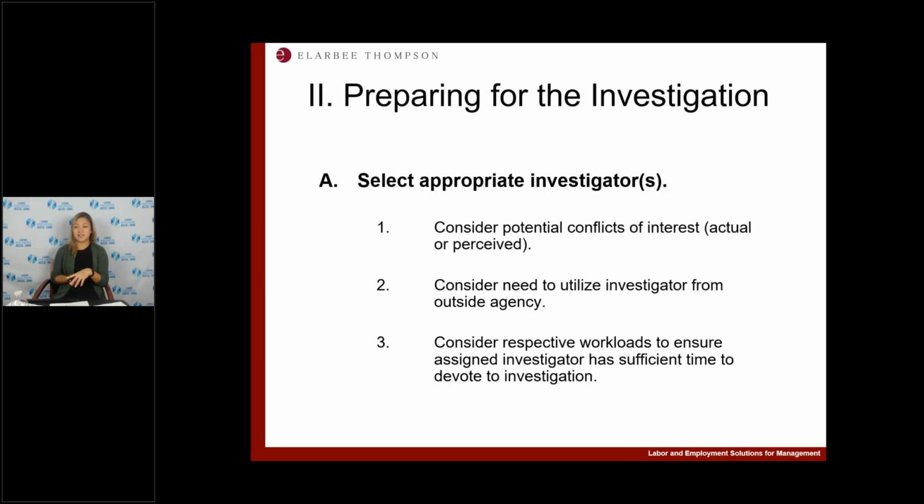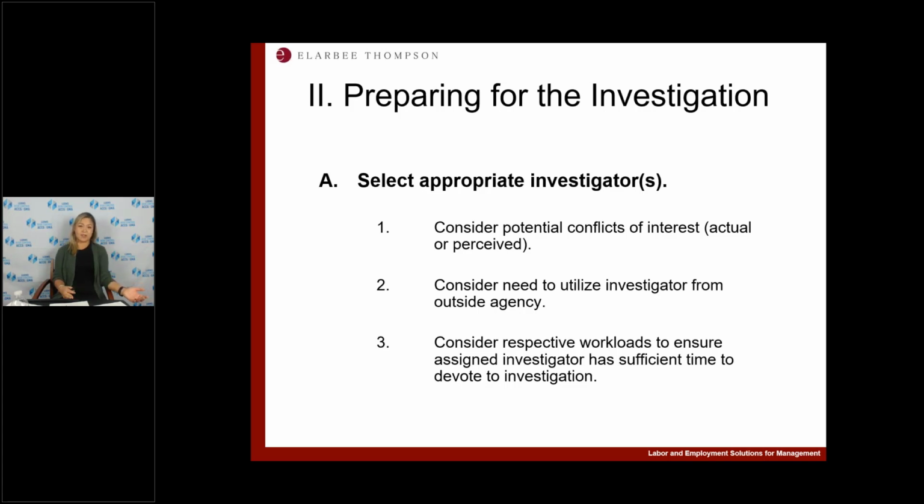All right, so the first step is selecting appropriate investigators. And playing into what I was talking about before, the last thing you want to do is select investigators at the start of a complaint. It would be helpful if, before this point, you've trained some.